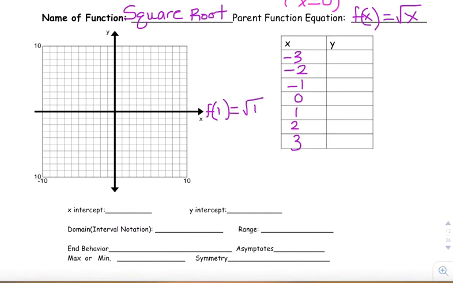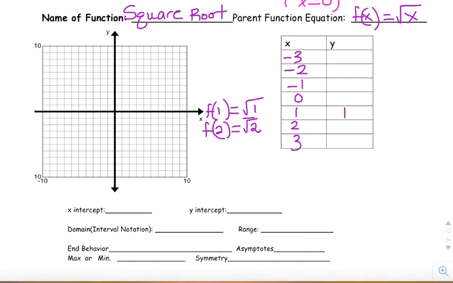I'm asking what times itself gives me 1. So since 1 times 1 is 1, that answer would be 1. Now if I try to do f of 2, then I'm asking square root of 2. So what times itself gives me 2? It's not pretty. It is a decimal. It's not a nice answer.